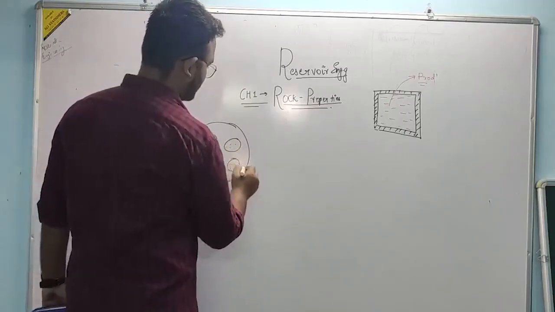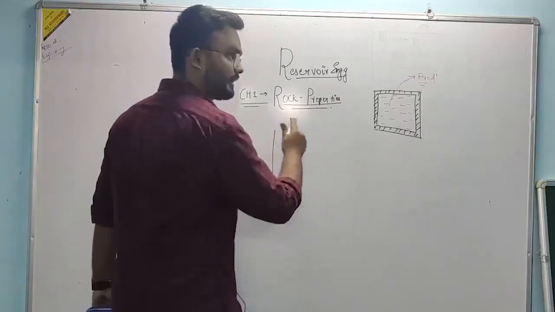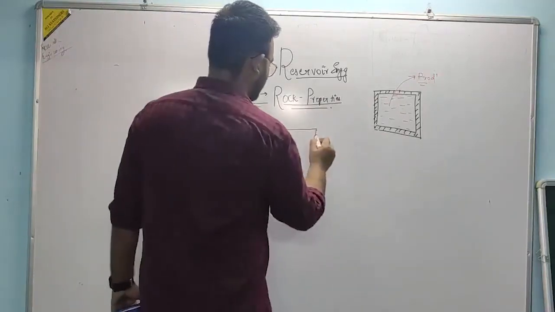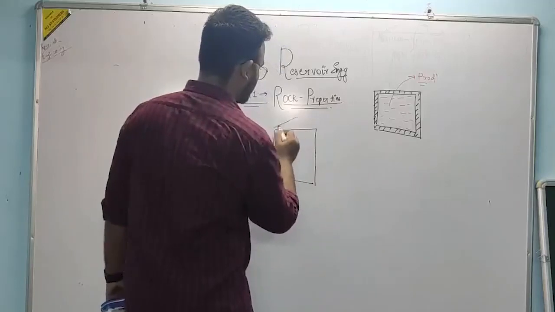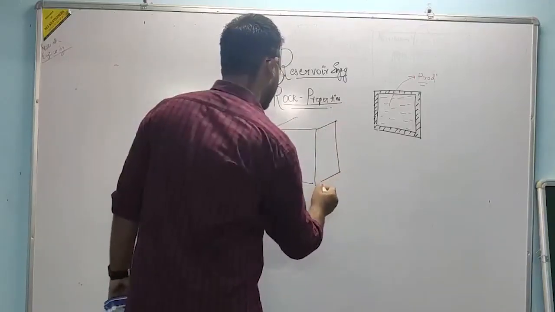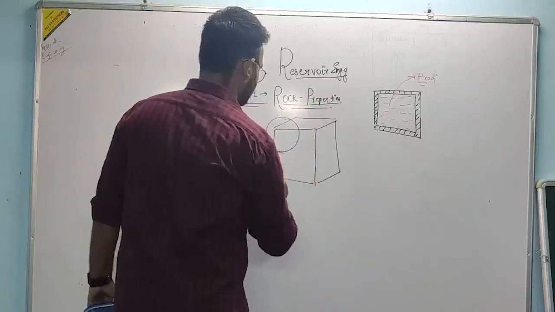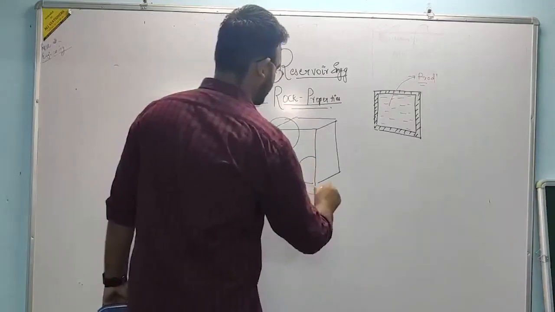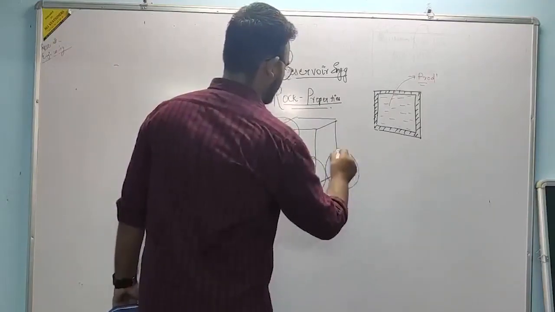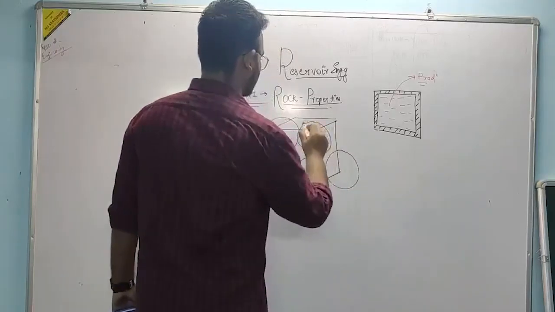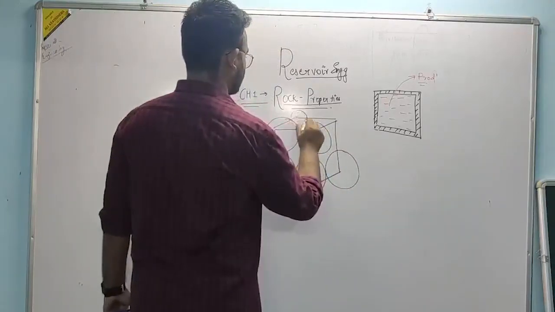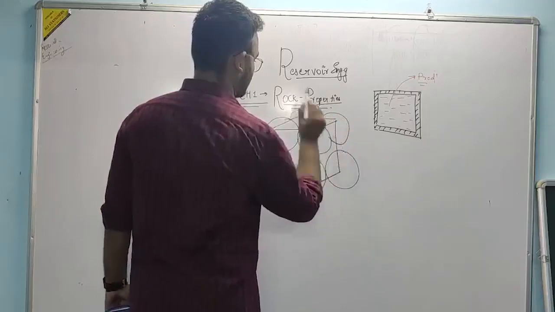Another example can be a room like this room, and you can imagine a cube-shaped room, and then there are balls placed at the edges of the cube, like this. I hope you can imagine, right?